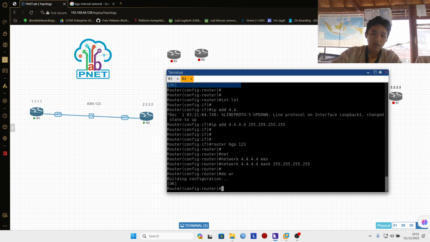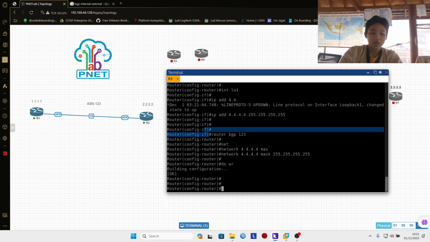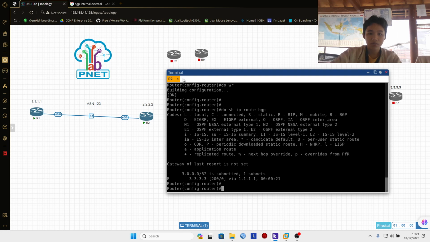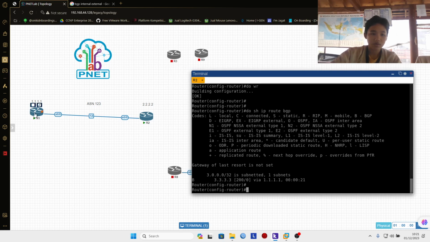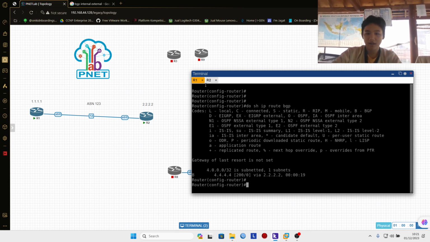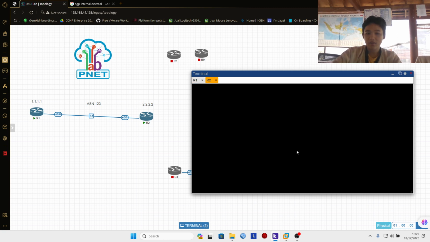Done. To check, do show ip route bgp. See, 3.3.3.3 is here. It's already working.